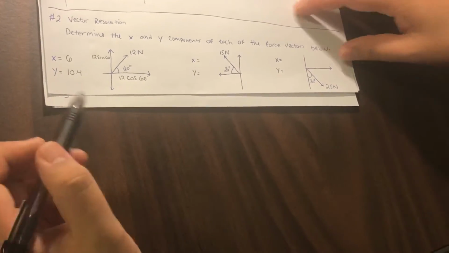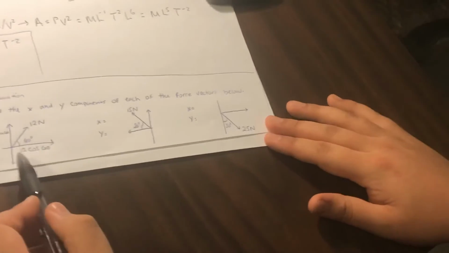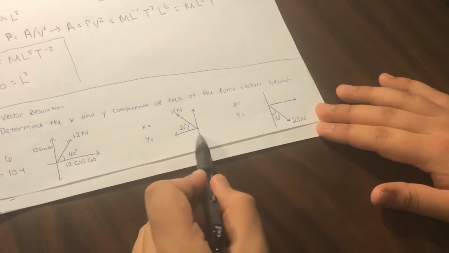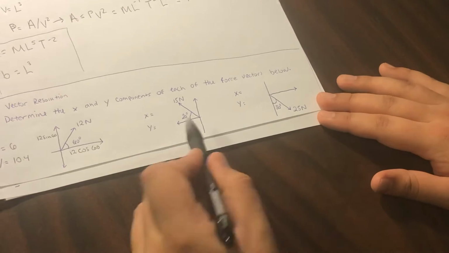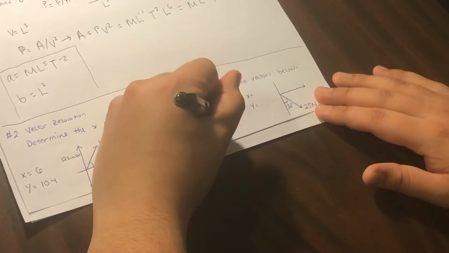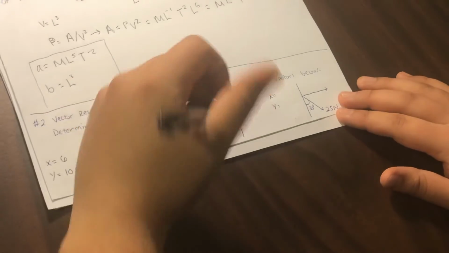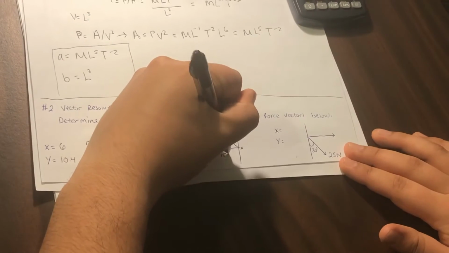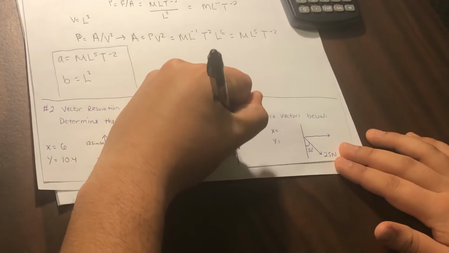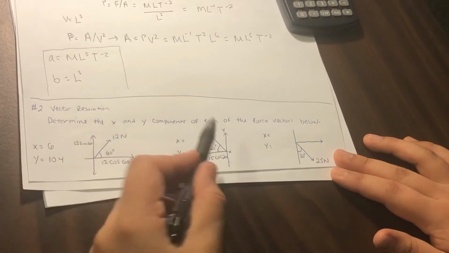Now we just do the same thing for these next two as we did for these. On this next vector, it's towards the opposite direction, but since the x and y are the same, it is exactly the same. We solve it the same as this one. For the x component and the y component, we do 15 now, because that is the newtons, cosine 20 for the x, and 15 sine 20 for the y component.